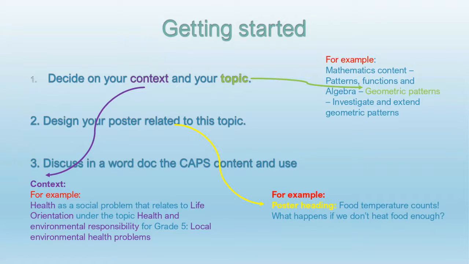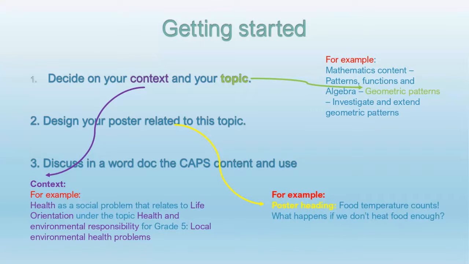And in the grade 5 column, the topic is local environmental health problems. So that is the theme and the context of the poster. The topic in the math content, patterns, functions, and algebra, was geometric patterns: investigate and extend geometric patterns.